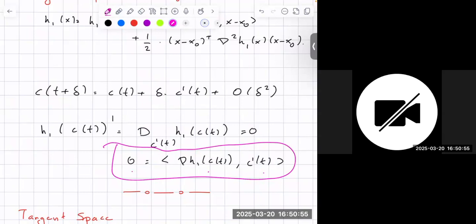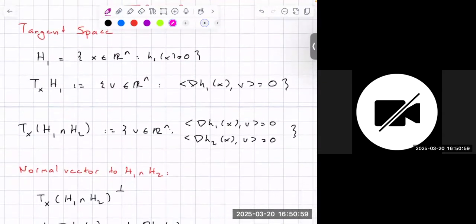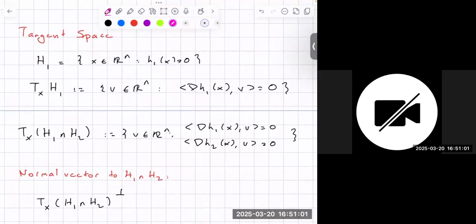Okay. Why does it relate to optimization? I'm getting there soon. So far, this is my surface, this is my tangent space, everything that is orthogonal to my gradient. And if you have two surfaces intersecting, the tangent space becomes the stuff that is orthogonal to both of their gradients. So I had one sheet, I had another sheet.